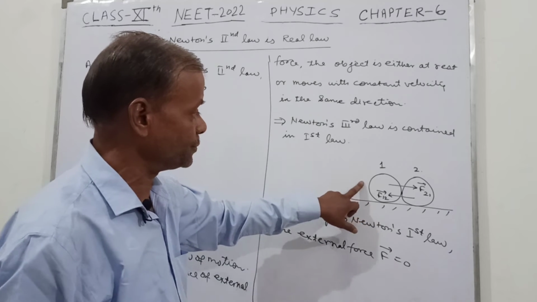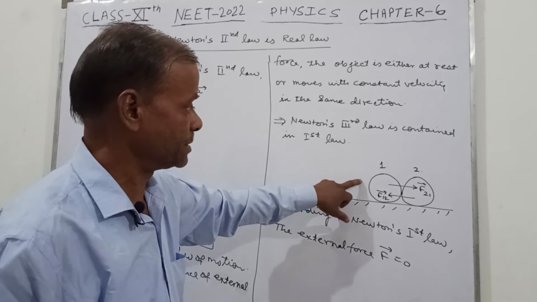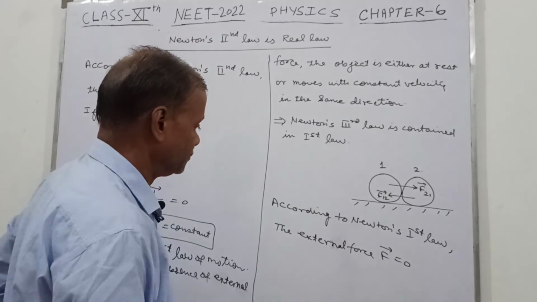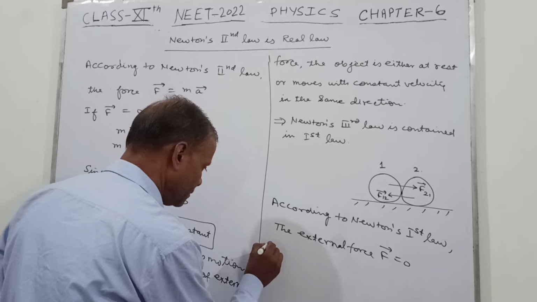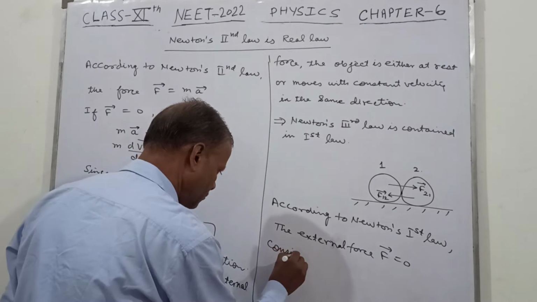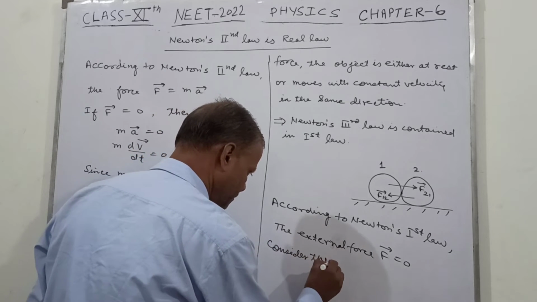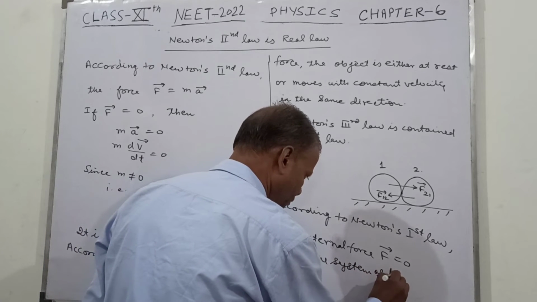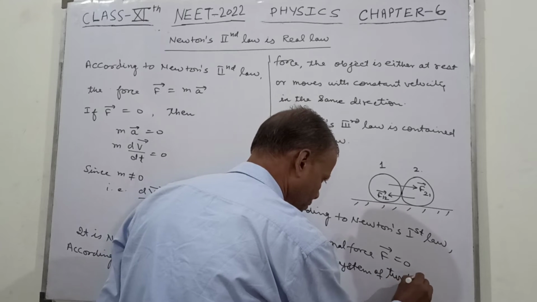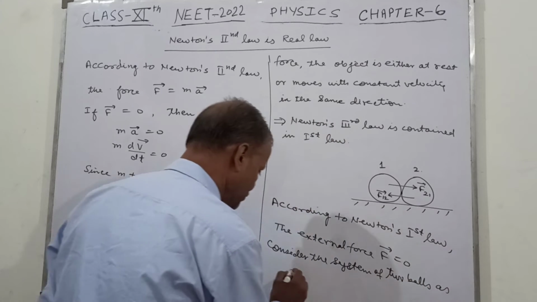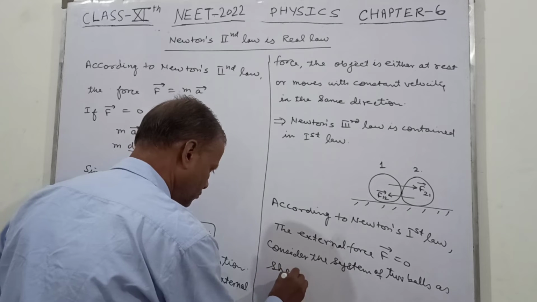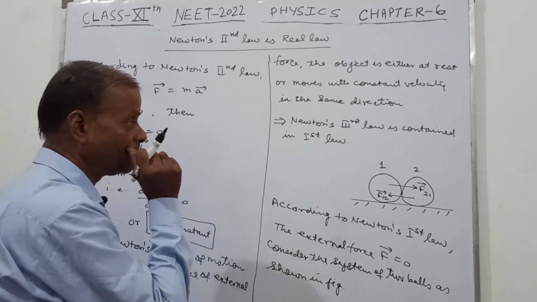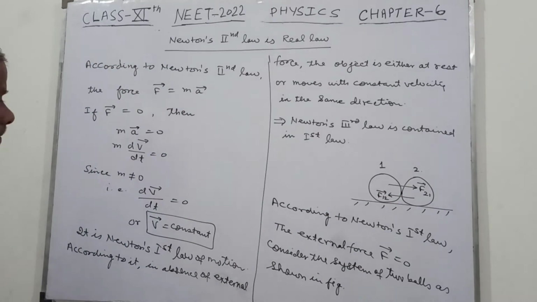Now suppose, in this example, the two balls are in contact. Consider the system of two balls as shown in the figure.